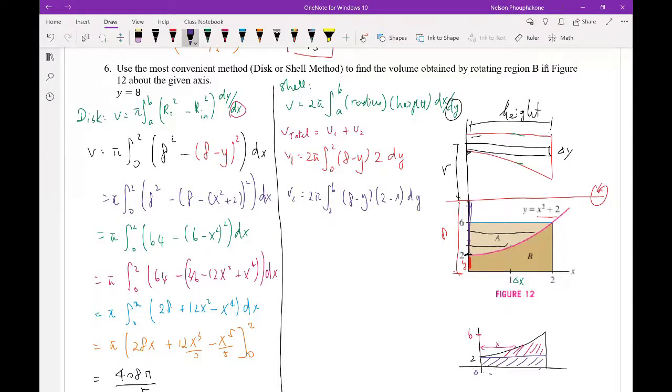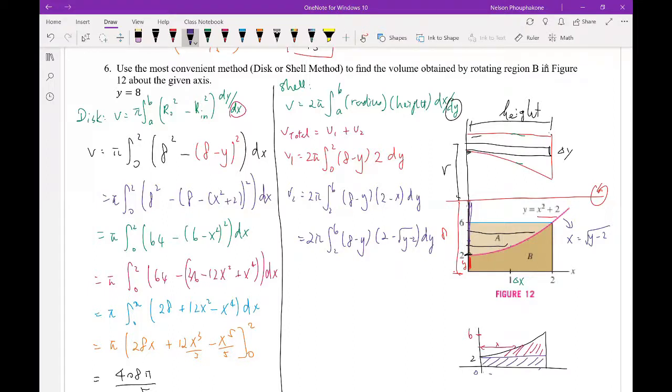We know that x is equal to the square root of y minus 2. So now I will have 2 pi, 2 to 6, 8 minus y, and then 2 minus the square root of y minus 2 dy.